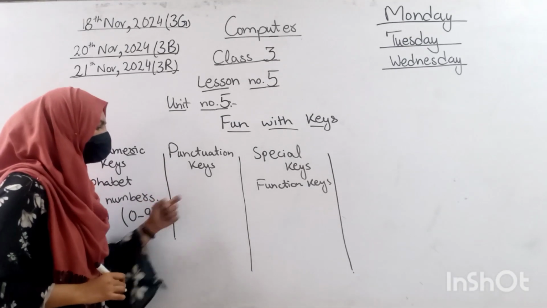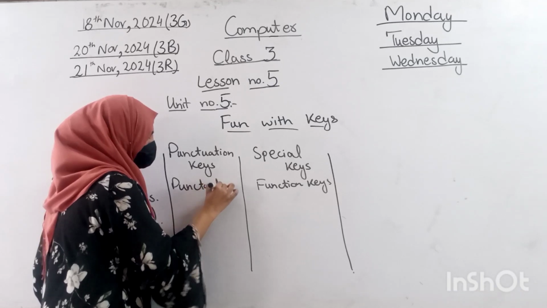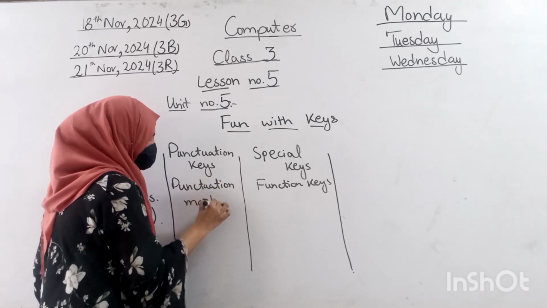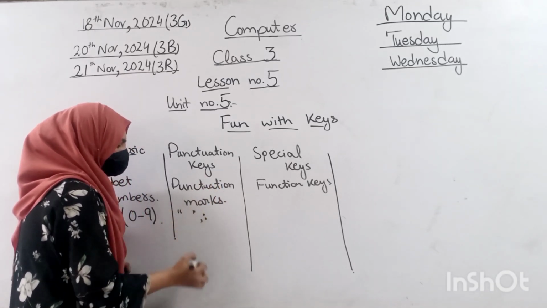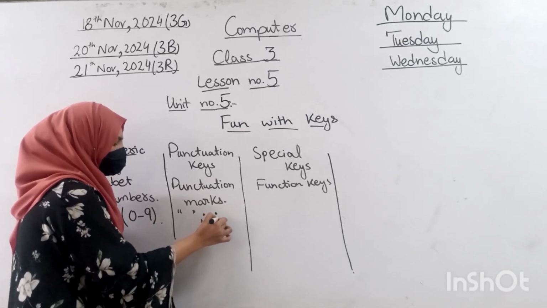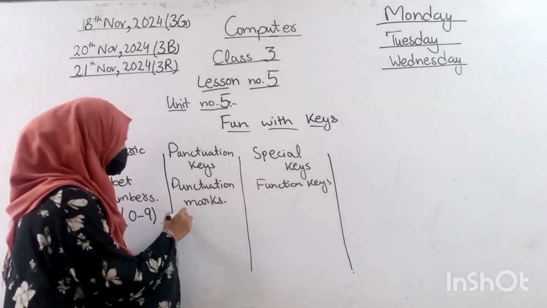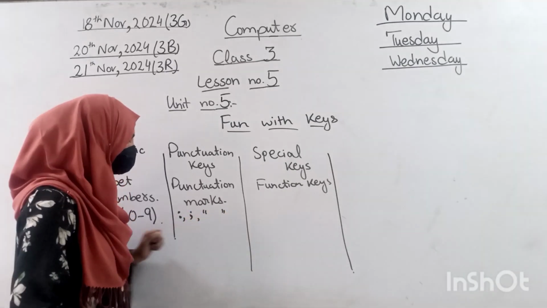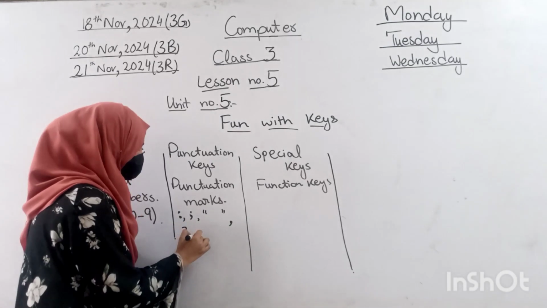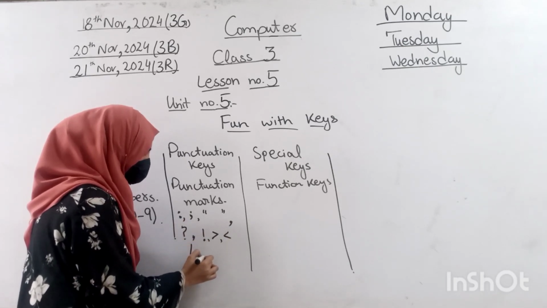The second one is our punctuation keys. Punctuation keys contain punctuation marks such as colon, semicolon, apostrophe, question mark, exclamation mark, greater than and less than symbols, and also our backslash and forward slash.